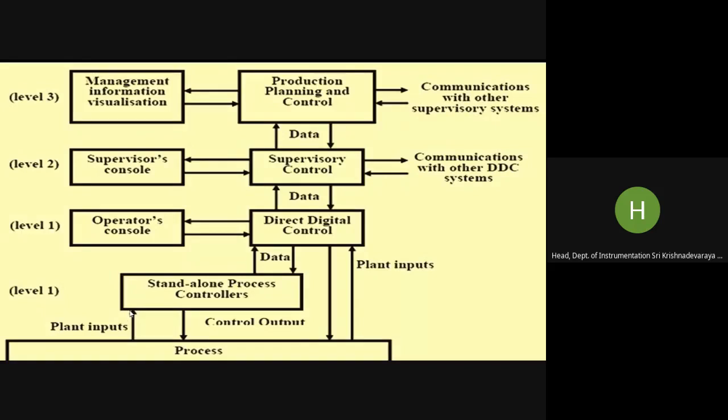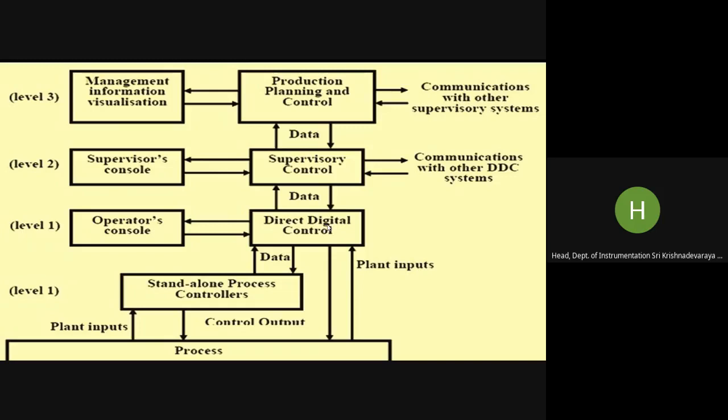That's the reason why we go for a SCADA, where you have independent controllers and only the data is processed, communicated, transmitted, and received at different stages. So your first direct digital controller acts as a data acquisition system from the standalone process controllers and directly with the process.